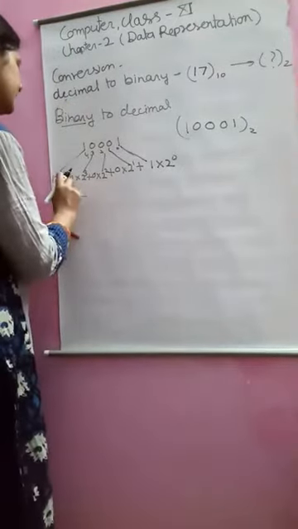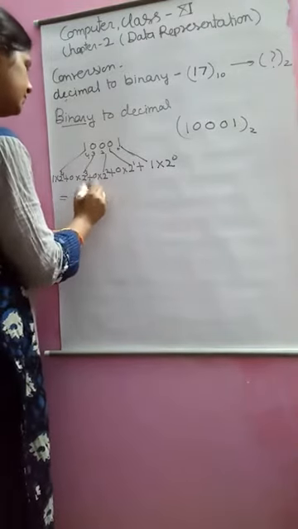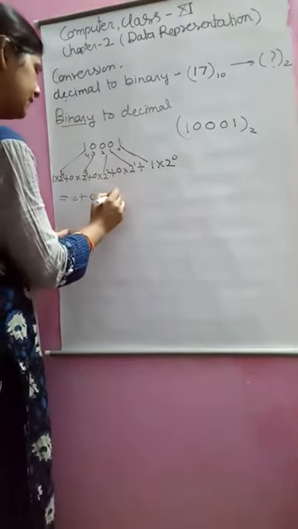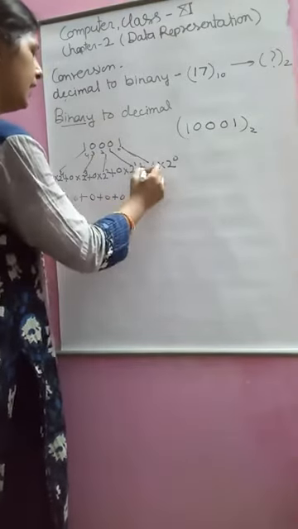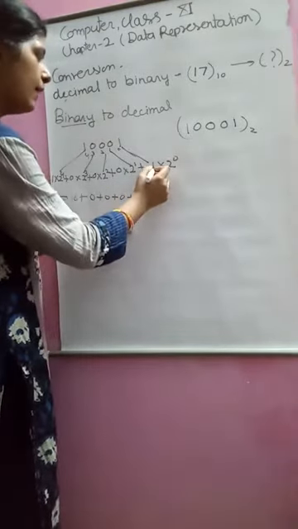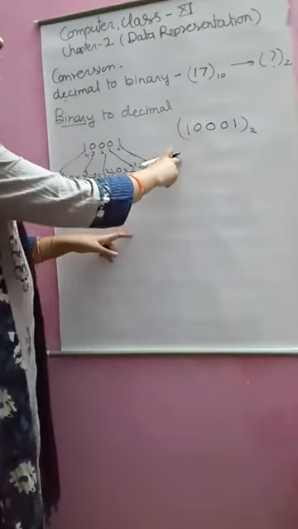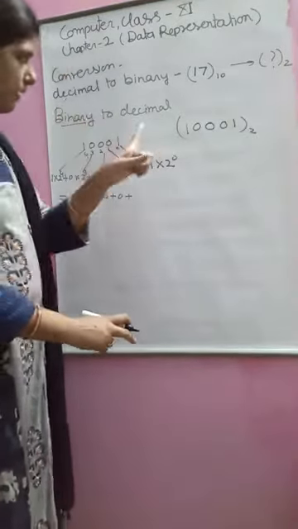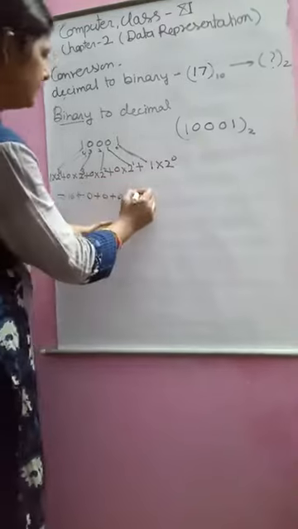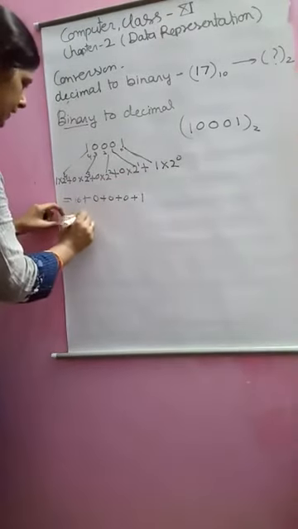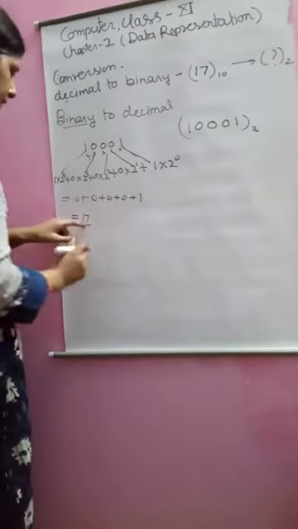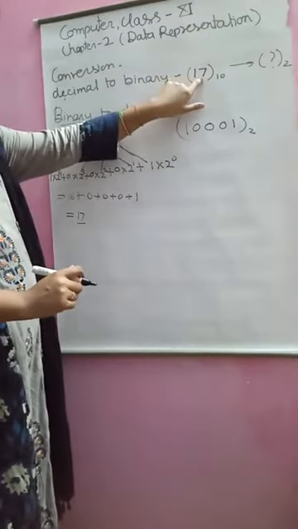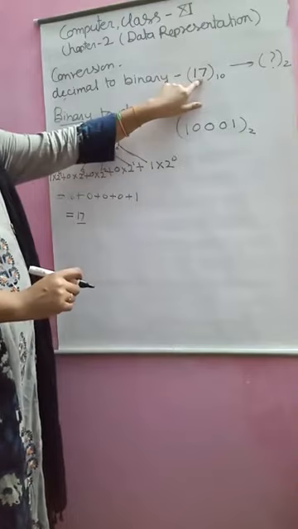Plus 0 multiplied by anything is 0, 0 multiplied by anything is 0, 0 multiplied by anything is 0, plus 1 multiplied by 2 to the power 0, that is 1. 1 multiplied by 1 is 1. And this is 16 plus 1, that is 17. That is our number from which we started.